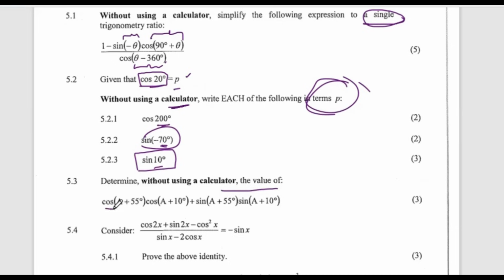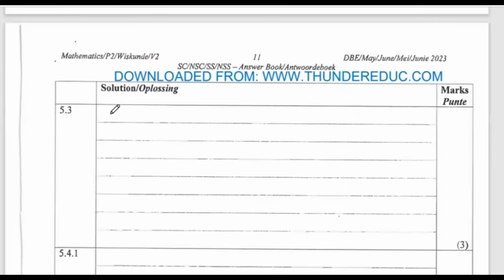All right, then 5.3. Determine without using a calculator the value of this. So this is a cos of A plus 55 and A plus 10. So it's a cos, and then plus a sine. If I hold the whole of this to be my A and the whole of this to be my B, this is a compound angle kind of question.